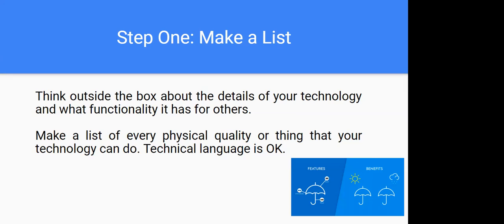You've got all of the different features and functionality of a particular technology that you're working on, and what you're trying to do is get that into a big brain dump list, both features and then pushing yourself to think about benefits as well.